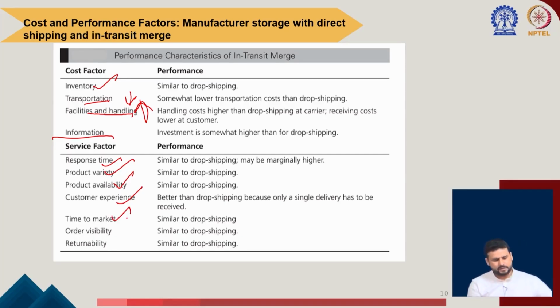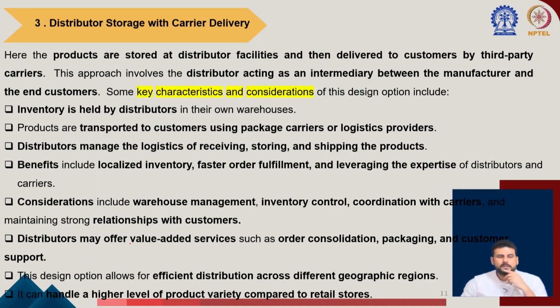Time to market same, order visibility same, because the manufacturer is still there. You are producing something, and it is ready to be sold in the market. And returnability is obviously similar to drop shipping, because the inventory is still coming directly from the manufacturer. So if you are returning, it will go directly to the manufacturer.